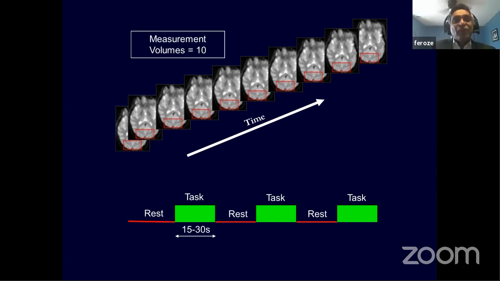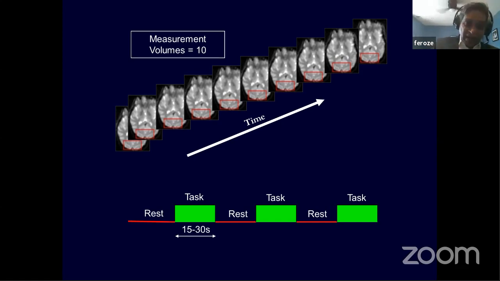However, if you look at this a little more closely, meaning if you look at what happened between these different events, right? Maybe the first two images were obtained during the rest condition, and the second two might be during the task condition. In this case, if we want to activate the visual cortex, we can shine a flashing light inside the scanner so the patient can see it. Today we have more sophisticated ways to do it.